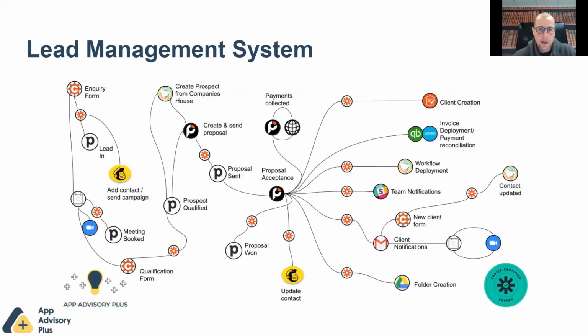Here's an example of a lead management system which you can build out using Zapier, and there's lots of examples in here. So you could have an inquiry form move into Pipedrive or a different sales CRM. You could have that add a contact to MailChimp.